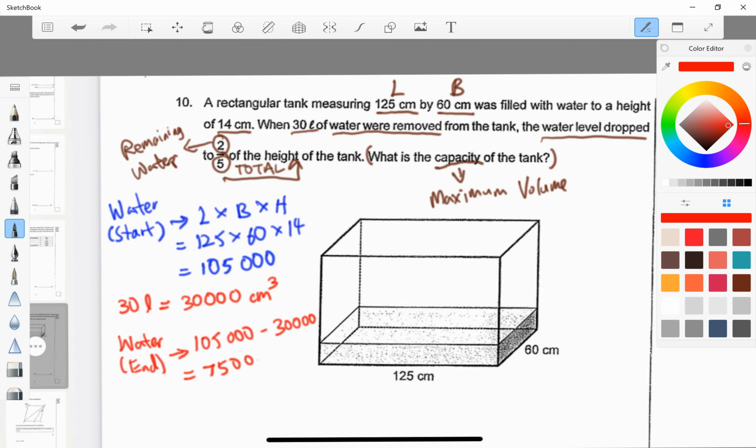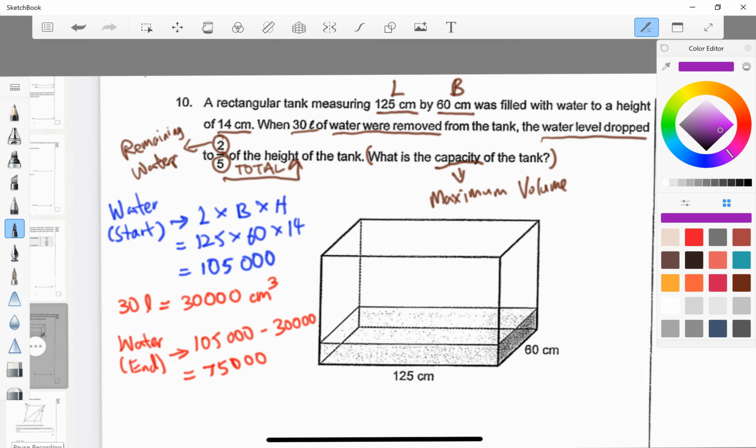Now we have to ask ourselves, what will be the height of water in the tank with 75,000 cm cubed? One very important concept for all of us to revisit is the concept of base area.